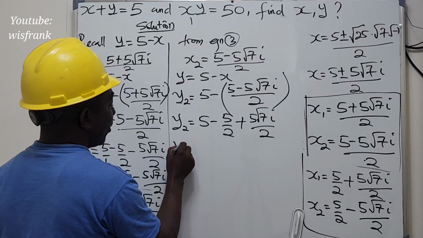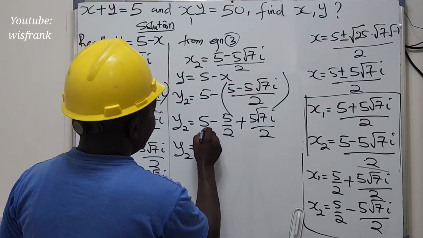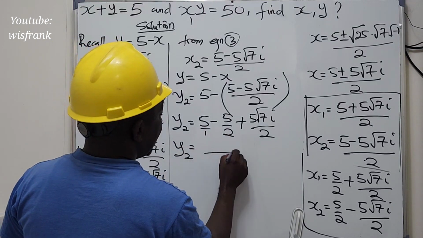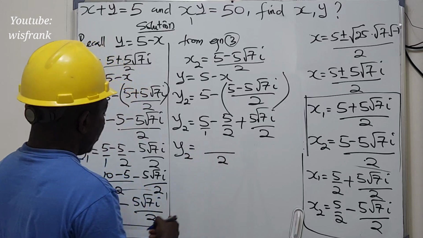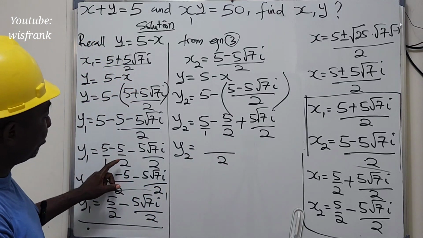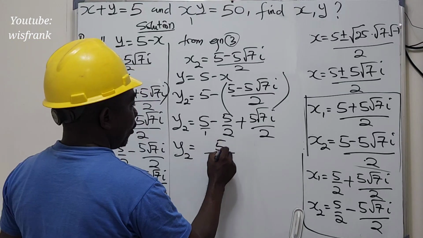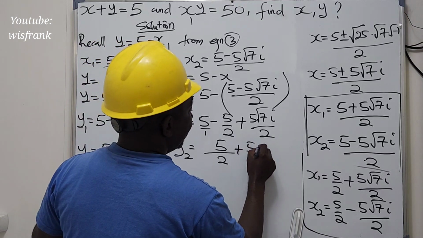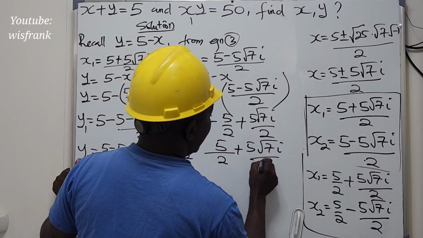So our y2 will be the same as we did here, 5 all over 1, and taking the LCM gives us 5 all over 2 plus 5 root 7i all over 2.